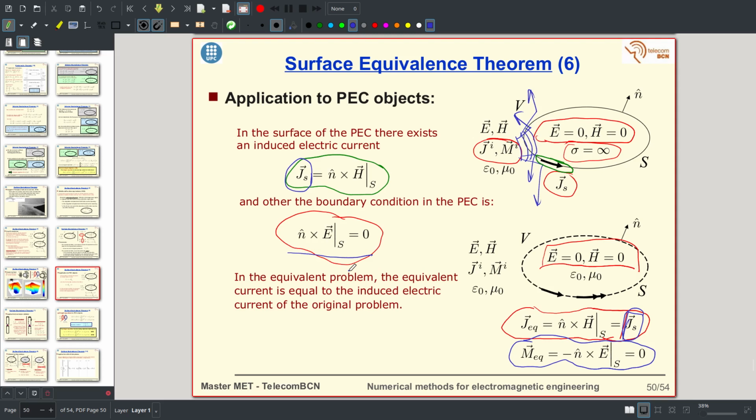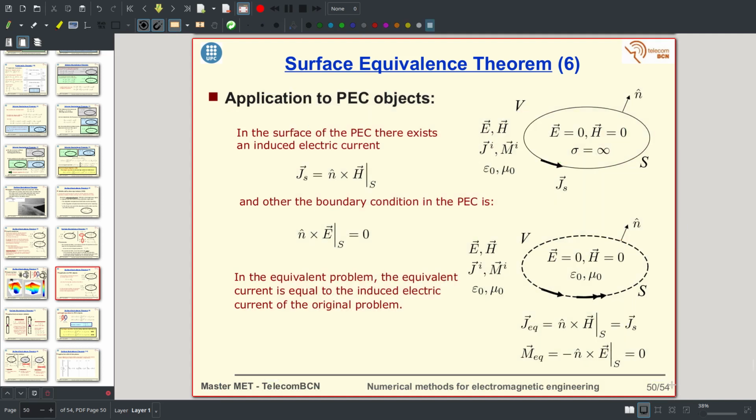So in this case, in the equivalent problem, we have essentially the same sources as in the original problem. Look, in the equivalent problem, our sources are the impressed currents, which are the same as in the original problem, because the impressed currents inside the object are 0 in the original problem, and they are removed in the equivalent problem, so it's the same.